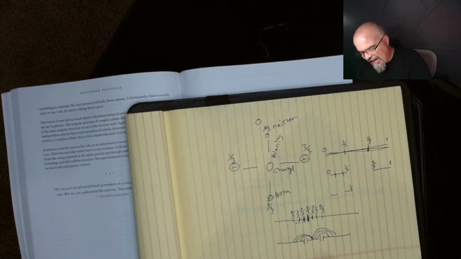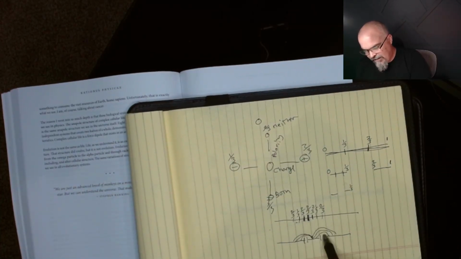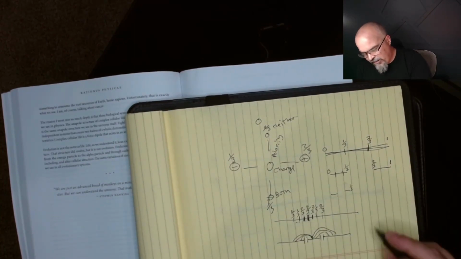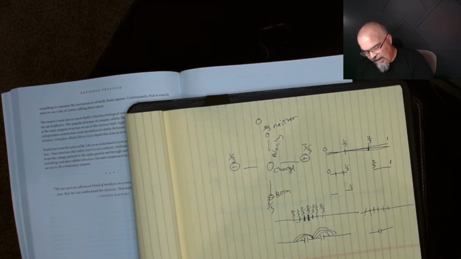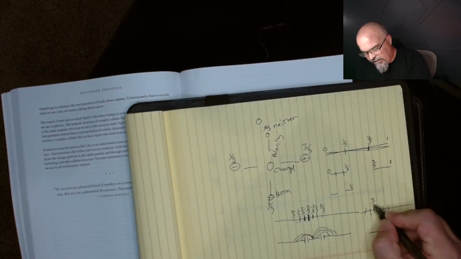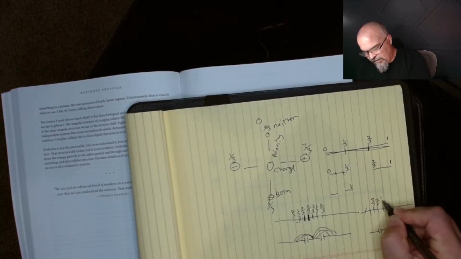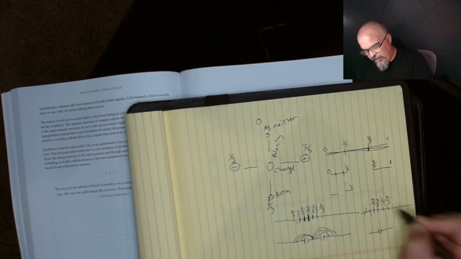And this same interpretation is why when you fire an electron through just one hole, you still get these lines along the back. And they're still 3/3, 2/3, 1/3, no thirds.